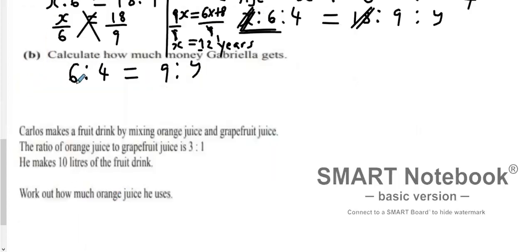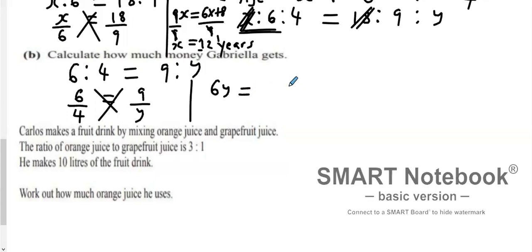This will be 6 over 4 equals 9 over y. So from here you cross multiply. 6 times y is 6y. 4 times 9, you can leave it like that. To find the value of y, you need to divide by 6.